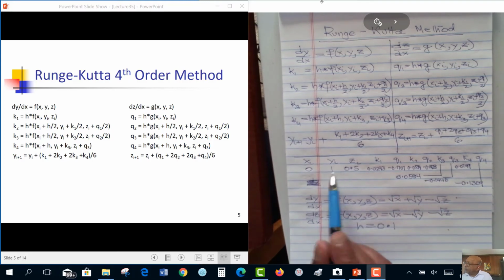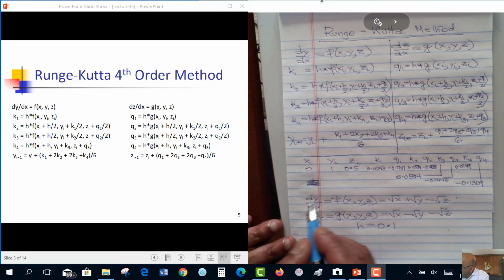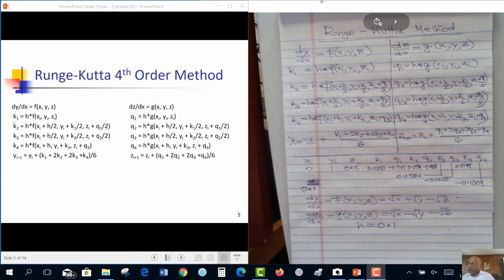Okay, so we have got K's, we have got Q's. We put them in the equation for Y, and we'll get Y at X equal to 0.1. Y would be 1 plus K1 plus 2K2 plus 2K3 plus K4, divided by 6, and we'll get 1.